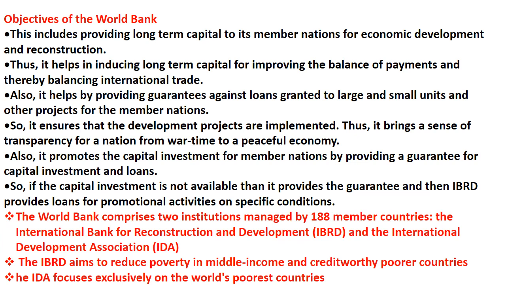IBRD's aim is to reduce poverty in the middle income and credit-worthy poorer nations. Then the IDA focuses exclusively on the world's poorest countries. So you have to learn that at Bretton Woods two organizations came, IMF and World Bank. World Bank is IBRD. It is often termed as World Bank, and IBRD and IDA are the two organizations coming under World Bank.